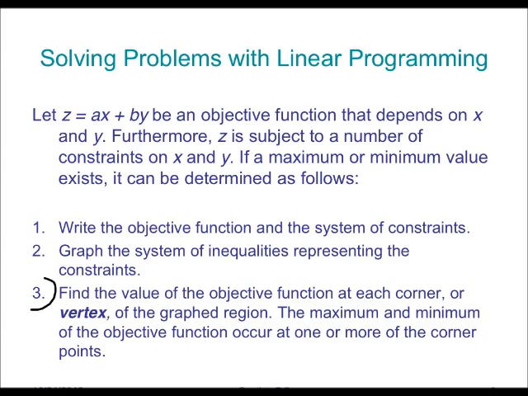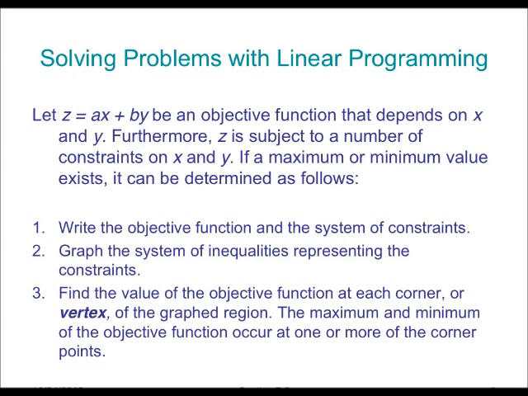And the third thing is where you find each corner of the shaded region. We call those corners the vertex or vertices. You're going to take these vertices and plug them into the objective function.